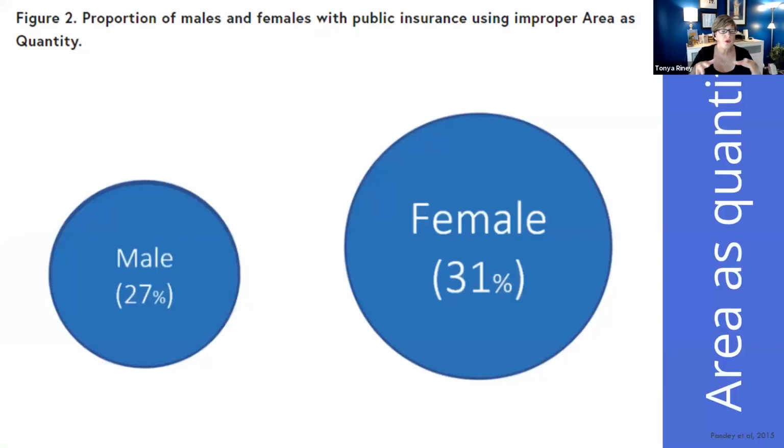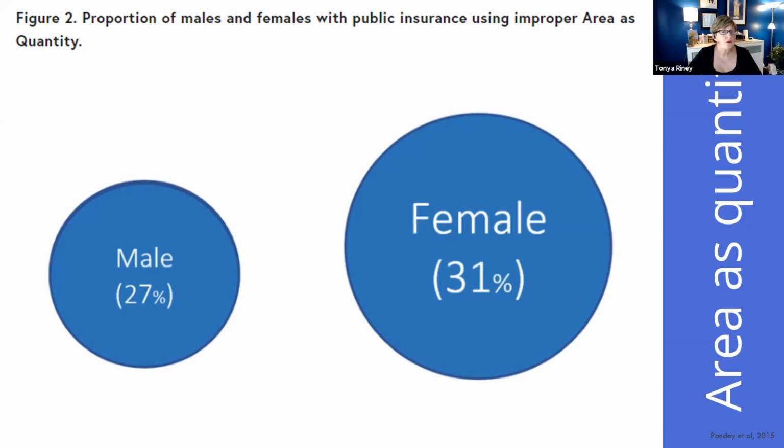This is another great example of the proportion of males and females with public insurance. And this is using improper area as quantity, right? The females look way out of proportion when it's only 4% higher than the males. And so this has been distorted.